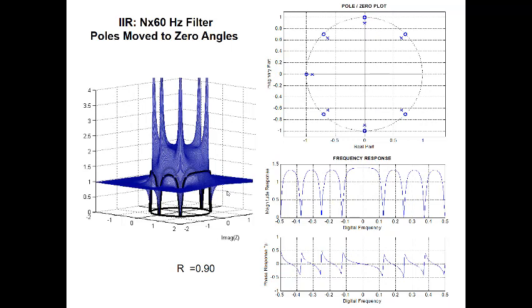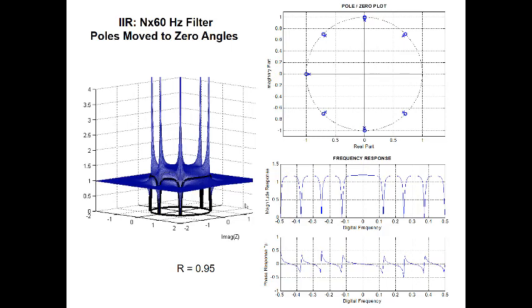If we move out a little further, notice that the notches get narrower. If we go out even further, they get even narrower. And notice too that my magnitude responses are also getting more uniform as the poles are starting to pull everything up and make them pretty close to 1 everywhere.